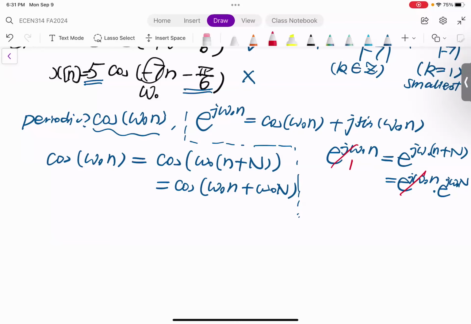So we end up having 1 equal to e to the j omega naught N.